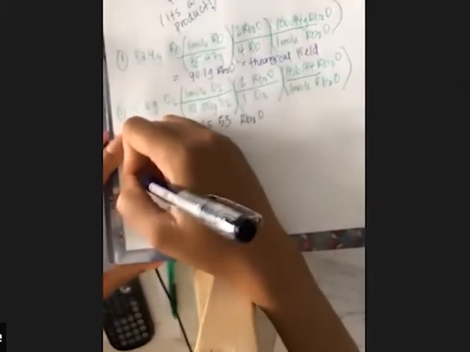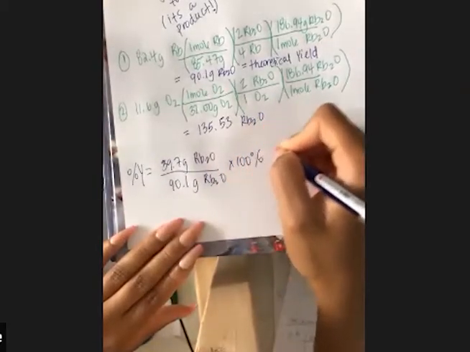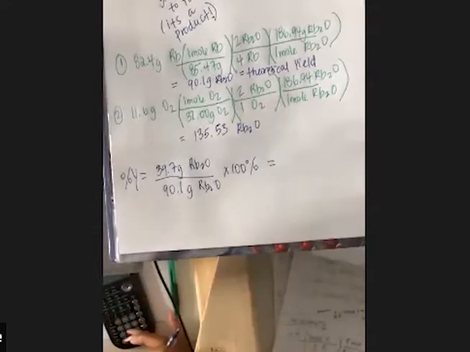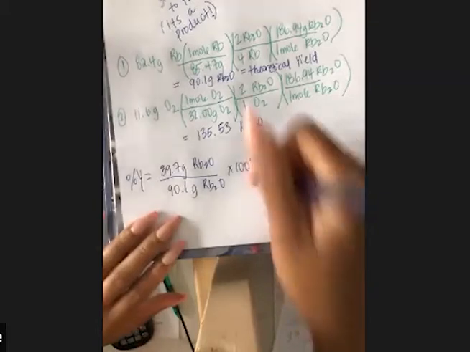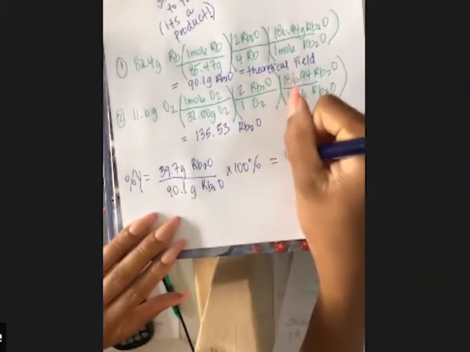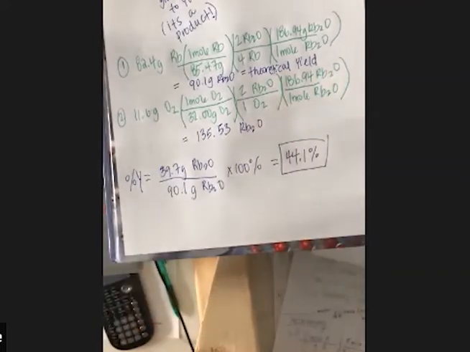So this is percent yield times 100%. When we divide those two numbers, 39.7 divided by 90.1, we get 44.1%. Yep, 44.1% sounds good to me. We need 3 sig figs, yep, 44.1%. That's our percent yield.